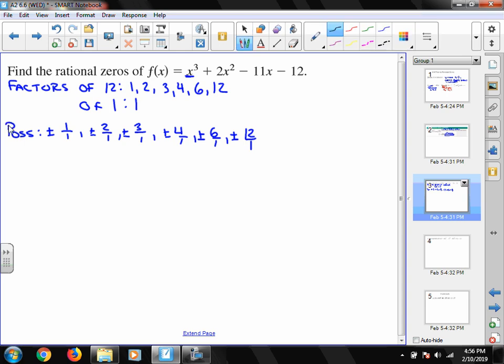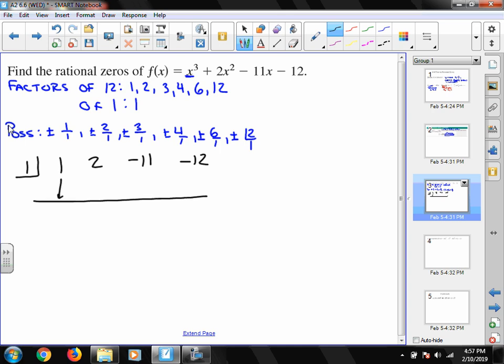My strategy, and it's worked very well for me, I always start with positive 1. Positive 1 is going to be one of your possibilities in every situation because 1 divides every number. So I'm going to set up a little synthetic division, synthetic substitution here. 1's going up in the corner. I'm going to list my coefficients. I have every power of x, so I'm good. So I'm going to go 1, 2, -11, -12.